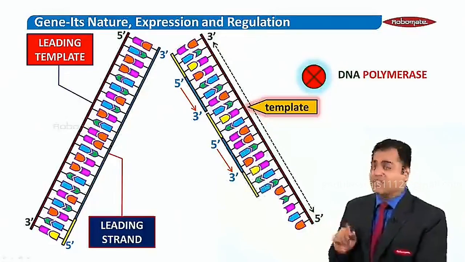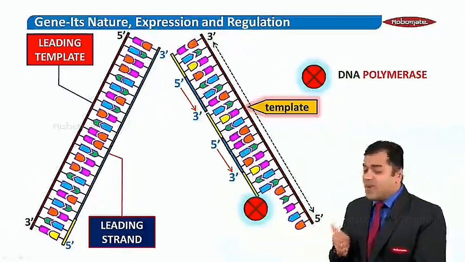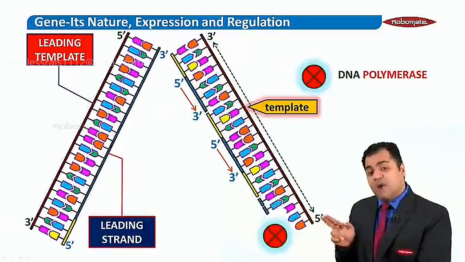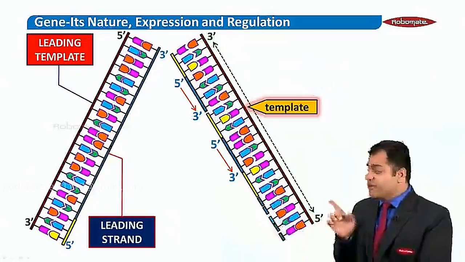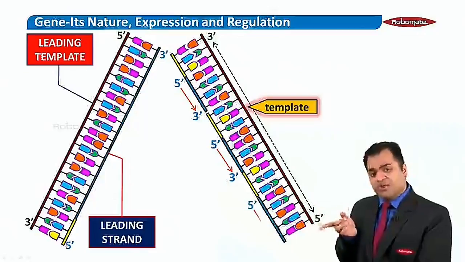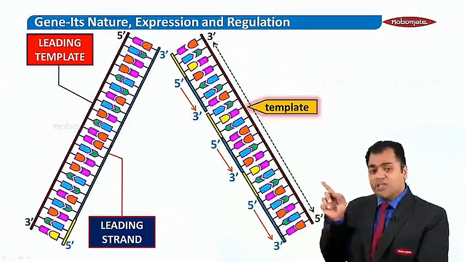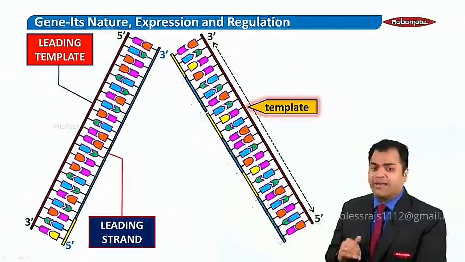Once again, you will see the primer, once again DNA polymerase, and it will keep adding the complementary base pairs in the new strand from the 5' to the 3' end. You see that there are only small fragments, but you see how long it took? It took a while, right?